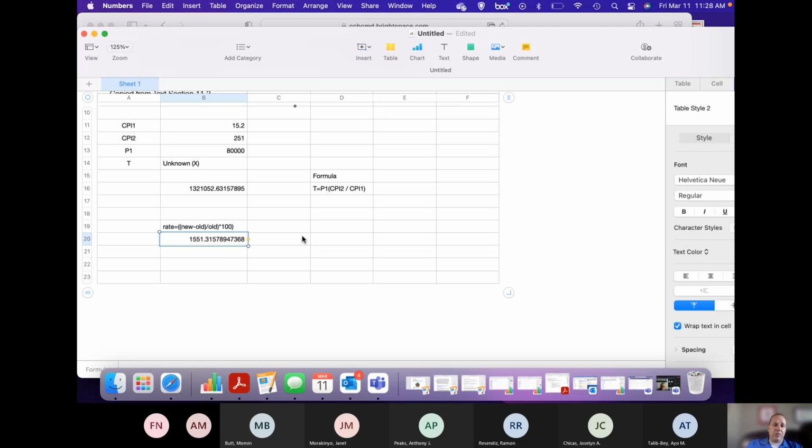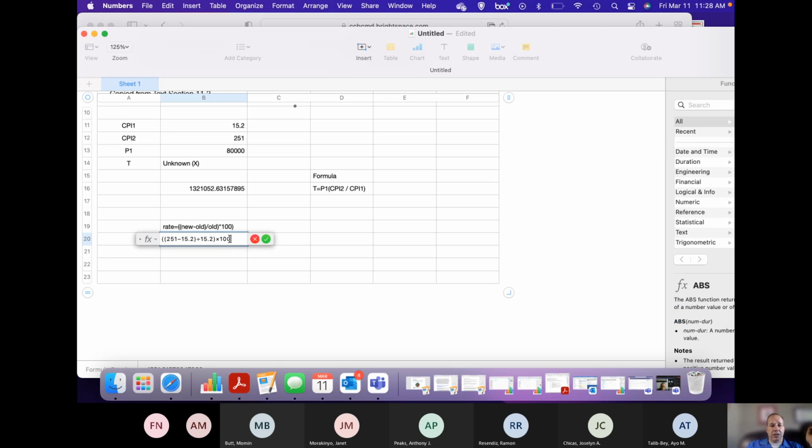So what I'm going to do is take away that multiplying by 100 and convert this back to a decimal. Let me get back in my formula here. Actually, I'm going to keep it there. I take back what I said.